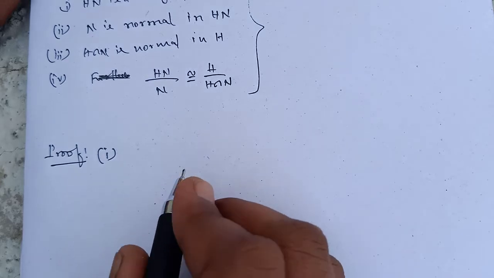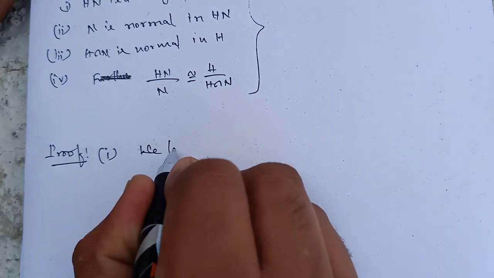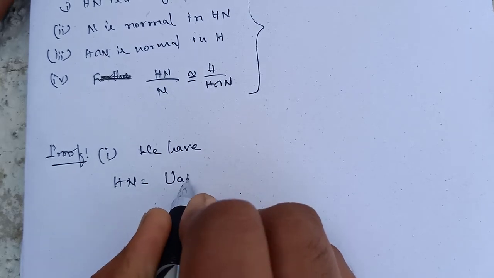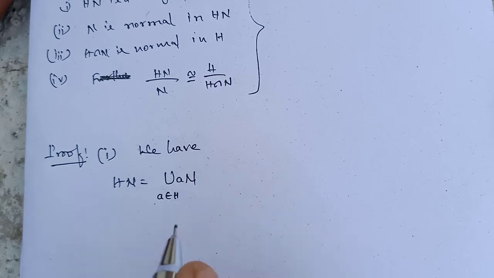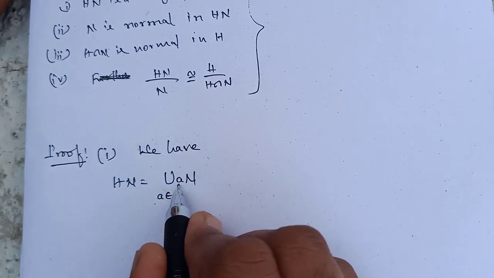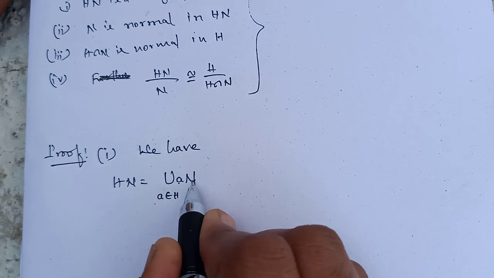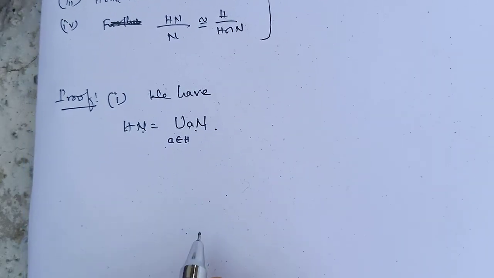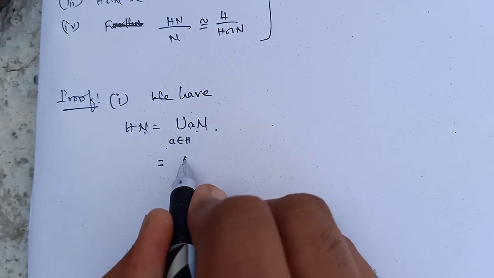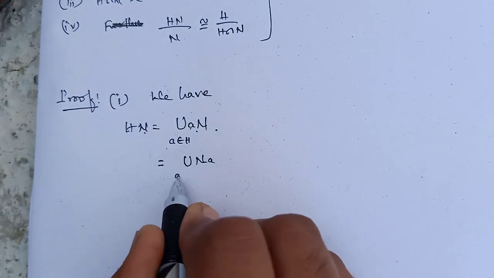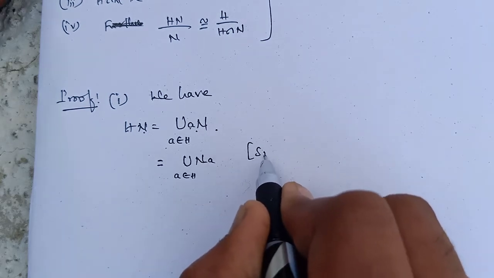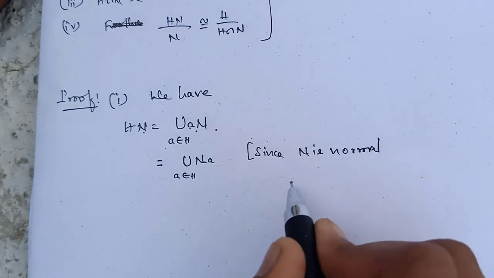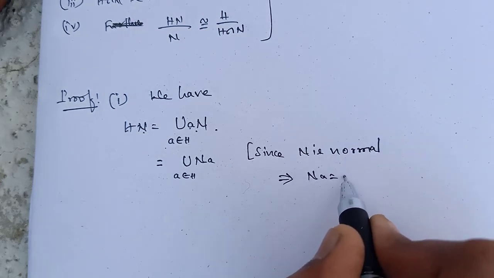So to prove the first one, first we have HN can be written as union of aN where a belongs to H. That is the set of all cosets of N in G. And this can be written as union of Na where a belongs to H. The reason is, since given that N is normal, every left coset is equal to a right coset.